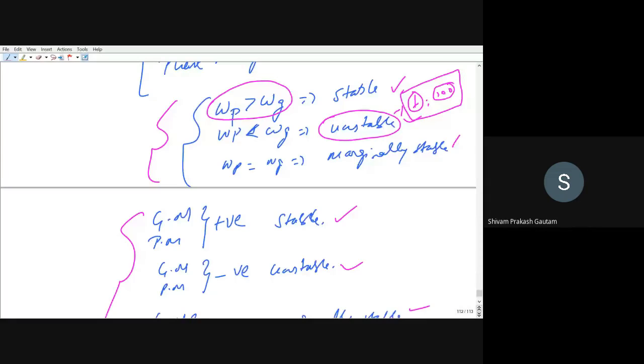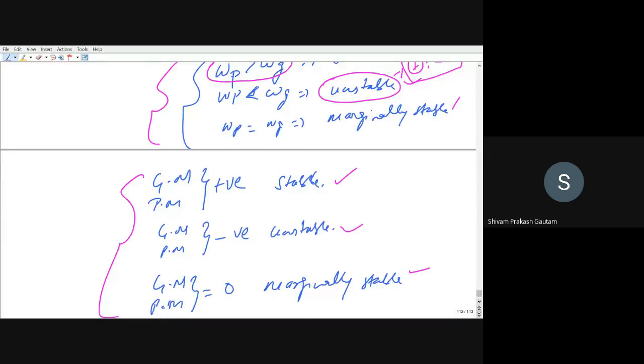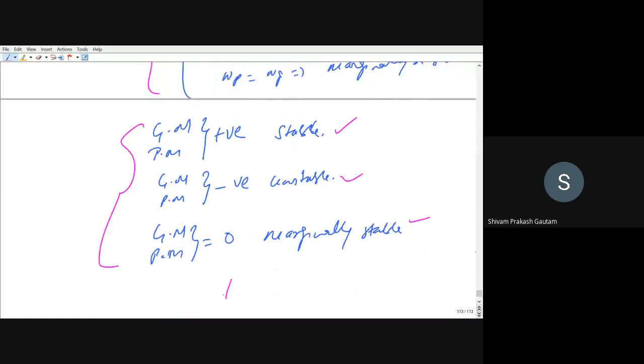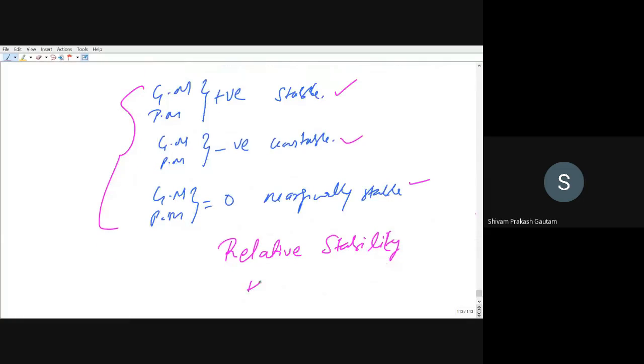So this way of determining the stability is called relative stability. When we saw the Routh-Hurwitz table, if you can recall, in Routh-Hurwitz stability we built a Routh table and determined the stability depending upon the number of sign changes in the first column.